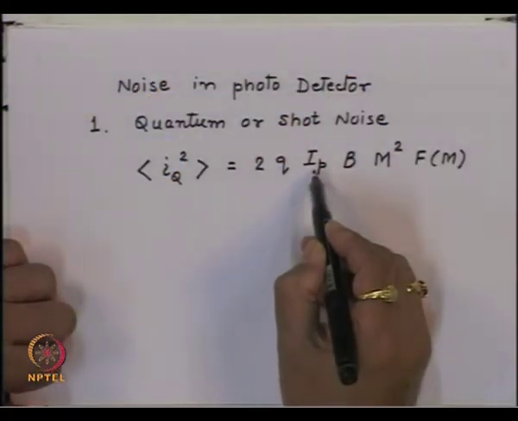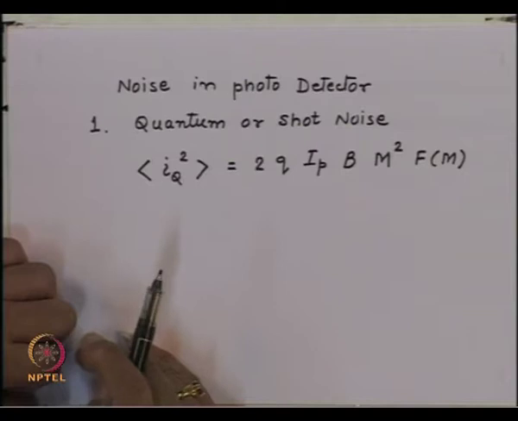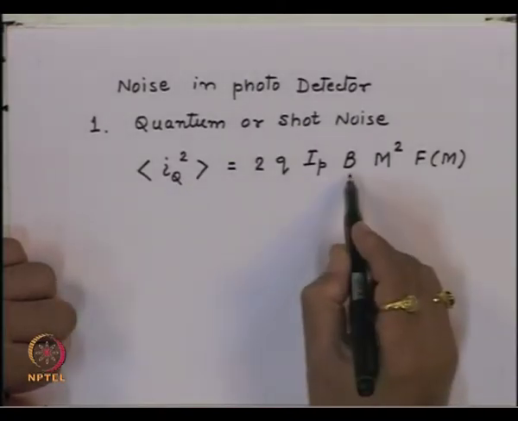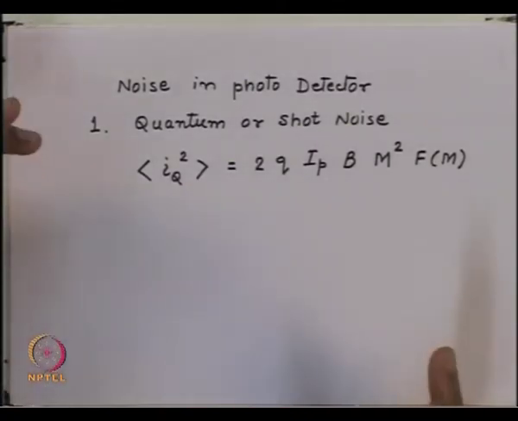So, if you look at the statistics of the photons and the electron hole pair generation, that is the Poisson statistics. So, the mean square value of this fluctuating current is proportional to the mean value of this current. Also, this fluctuation is proportional to the bandwidth. That means, the larger the bandwidth, the more noise will be collected.